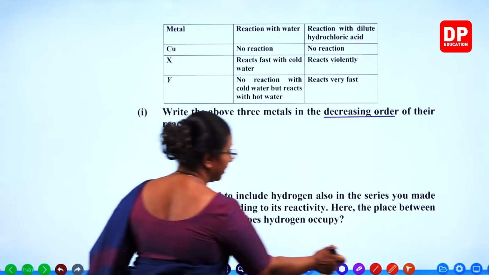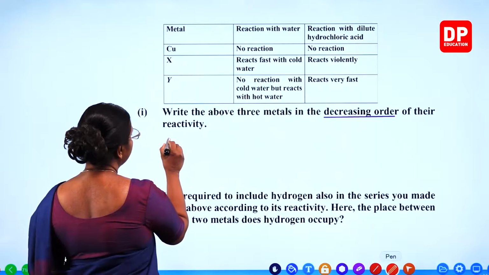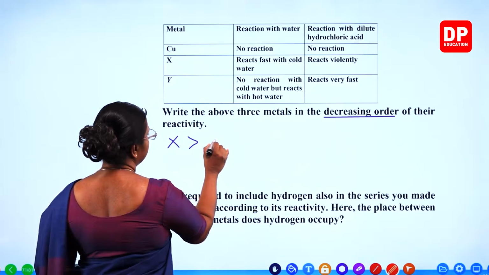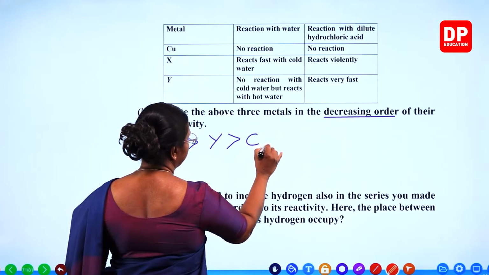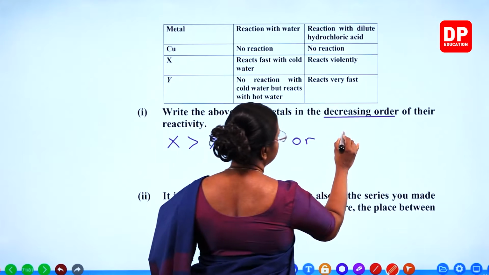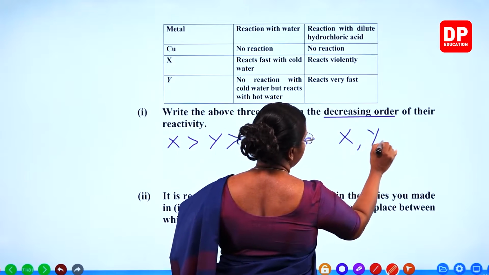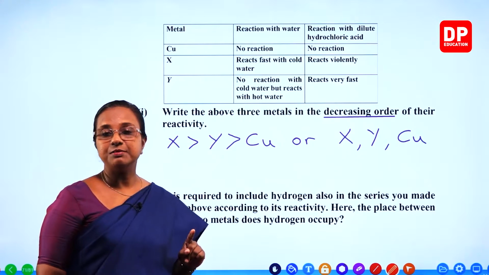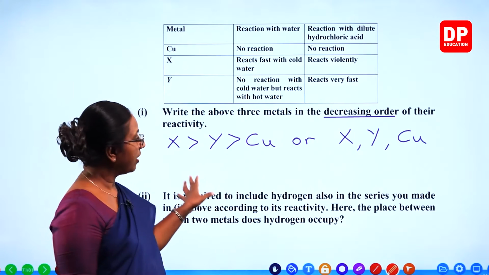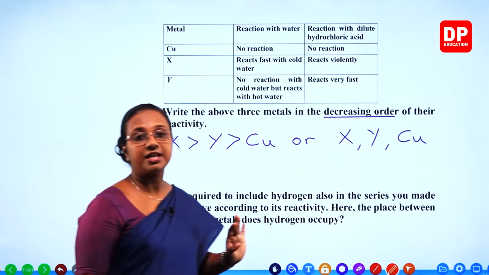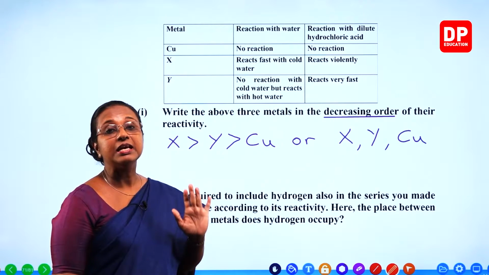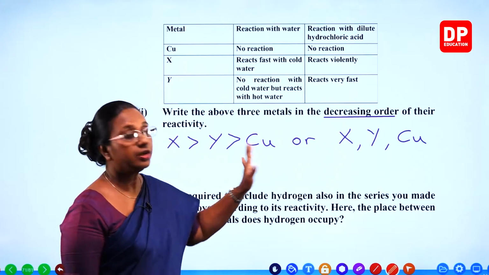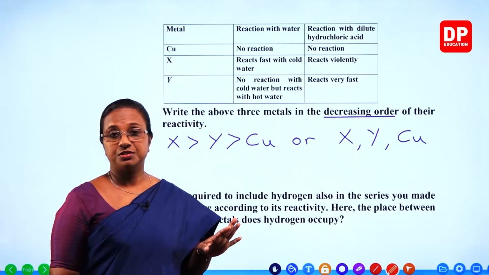So you can write it this way: X, Y, copper. You can show the greater than symbol, or else you can put a comma and write the order. But they have to be in correct order. X, Y, copper. Is that clear, student?